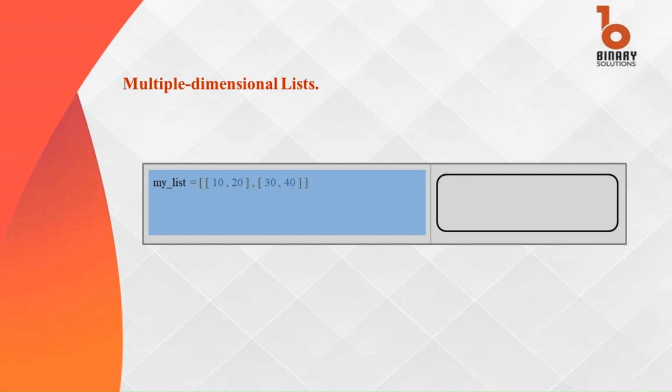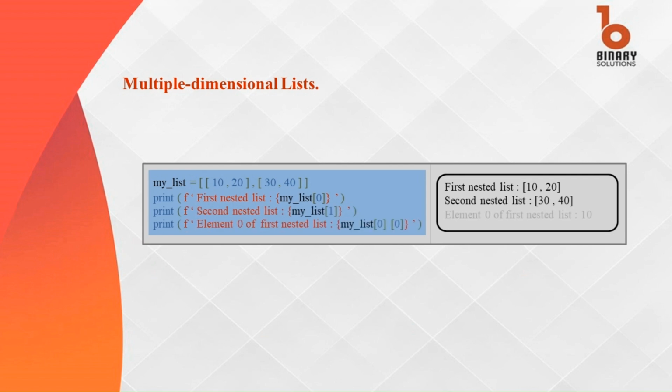Additionally, the example illustrates how to access specific elements within a nested list by indexing further into it. For instance, the first element of the first nested list, 10, is accessed and displayed. Then the second element is accessed and displayed. This example effectively highlights how nested lists enable the organization and retrieval of multidimensional data in Python.